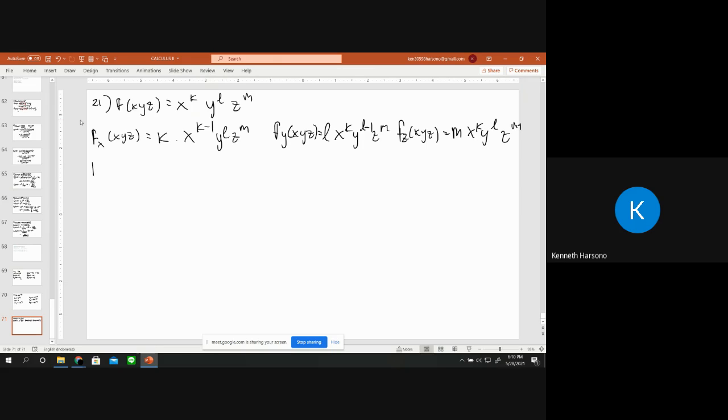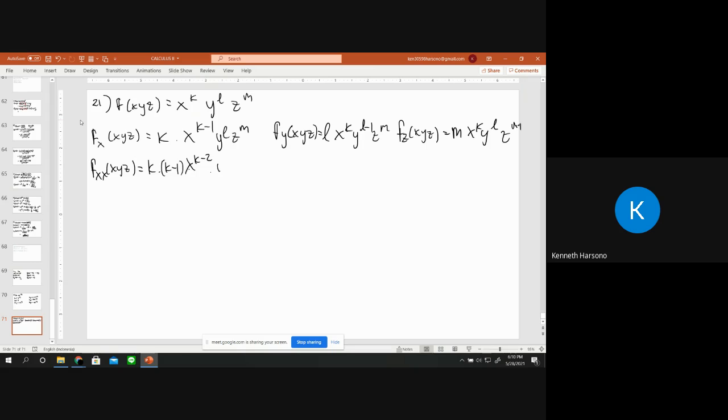And the second derivative with respect to x here is k times (k minus 1) times x^(k-2), right?